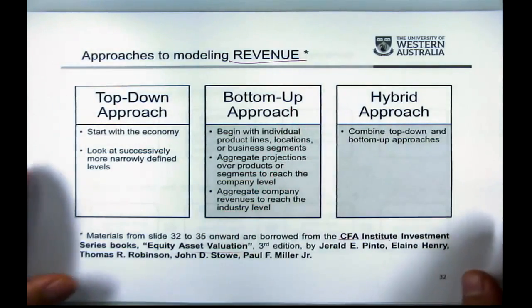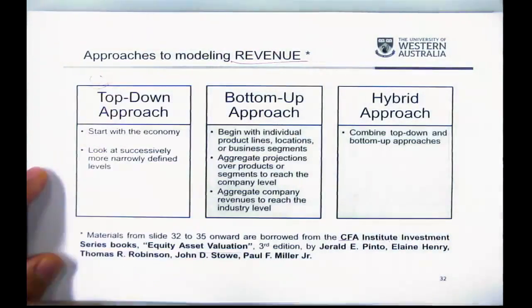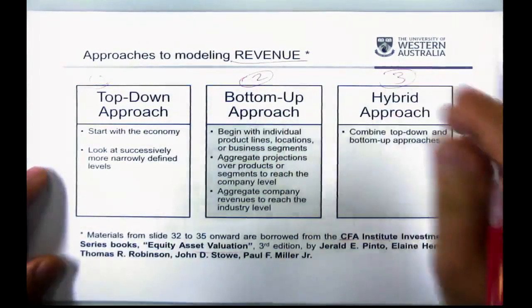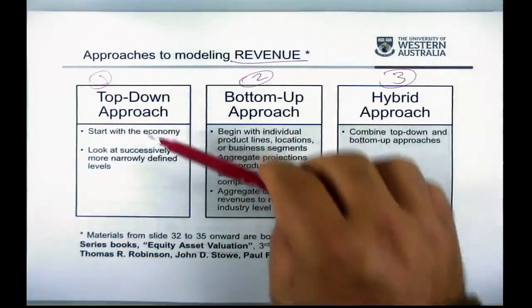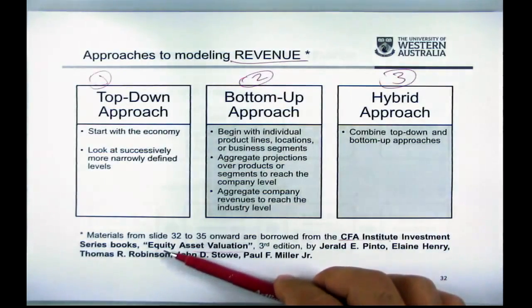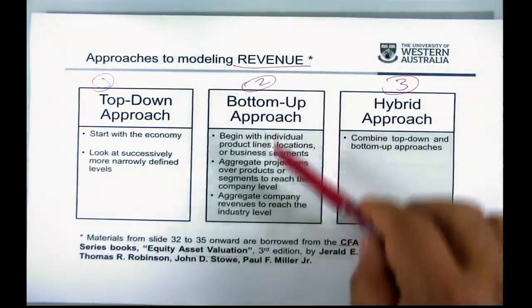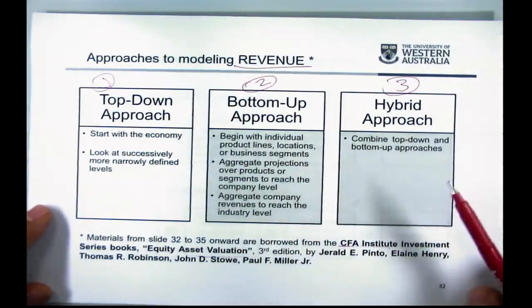There are 3 methods to forecast sales. Either we use the top-down approach or the bottom-up, or a combination of the two. According to the top-down, we start with the whole economy. I will show you the details shortly. When we use the bottom-up, we begin with individual product lines, locations, or business segments.